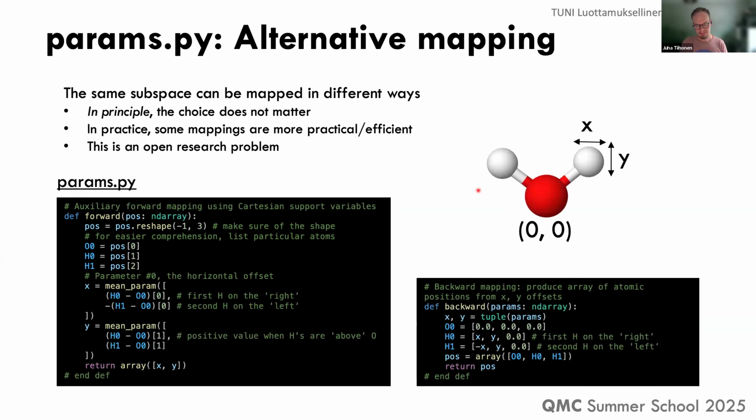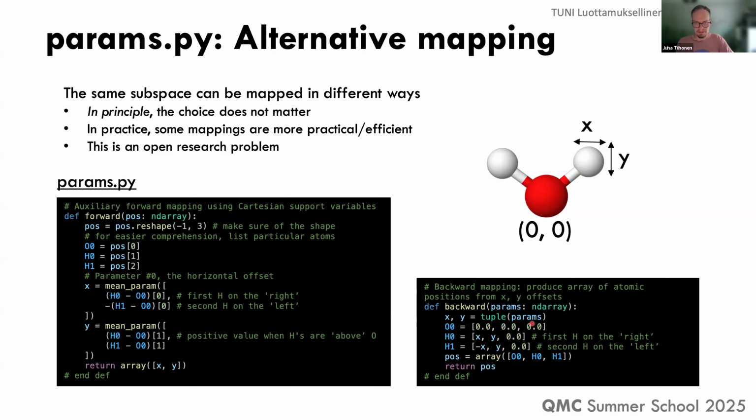Now, because this is probably the most awkward part of setting up something, I want to rehearse it by suggesting an alternative mapping. So instead of the angle and bond length, we treat just the x and y displacements of the hydrogens in the water molecule. It's the same thing, but now we just measure the x displacement and y displacement, and the backward mapping basically writes itself.